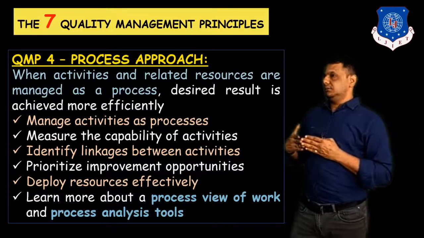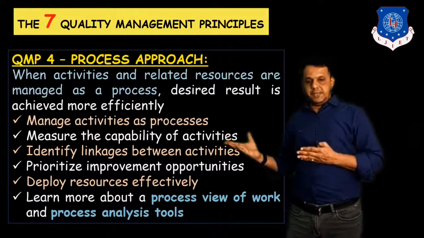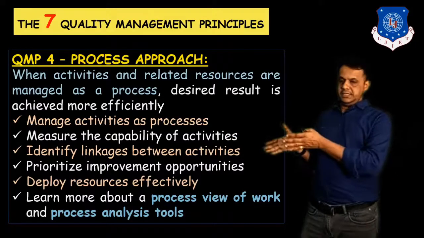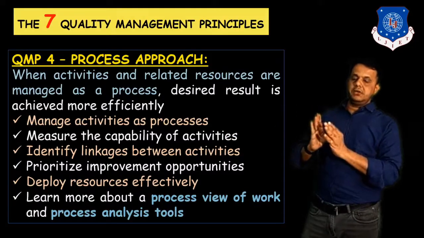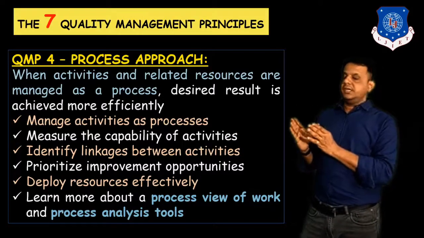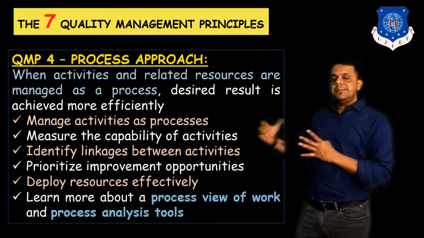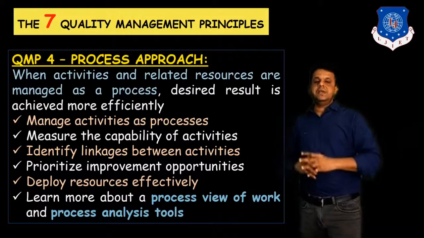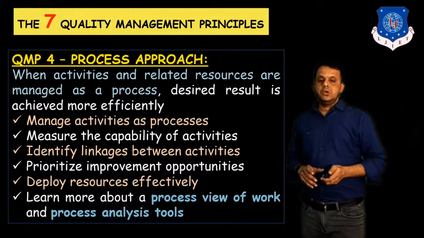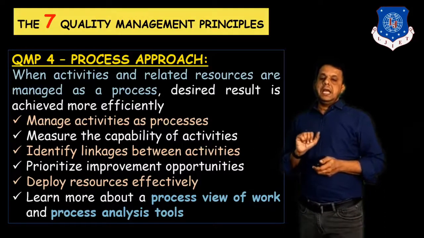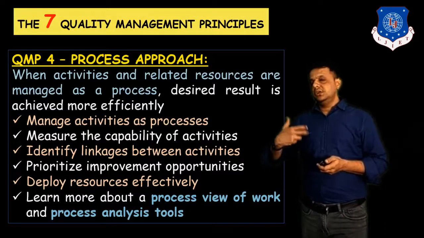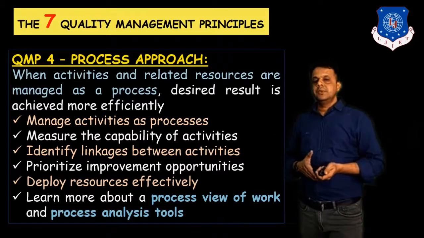Say, if you are talking about printing papers, printing papers may be available, but the optimized quality and quantity should be deployed for the printing. This is one example of how resources are to be effectively given. Okay, and the process view of work and process analysis tools are very important to keep learning about.